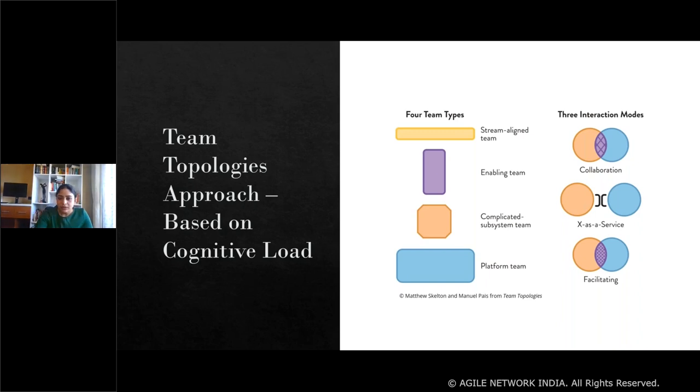And as you can see on the screen, and it's very well described in the book, by the way, if you get a chance, you should read that book. The mode of collaboration, communication, and interactions, how the facilitation, where the collaboration, how leveraging a team as a service, all of these interaction models are described in detail. And this is all done to minimize the cognitive load of the interoperability of these 4 team topologies.